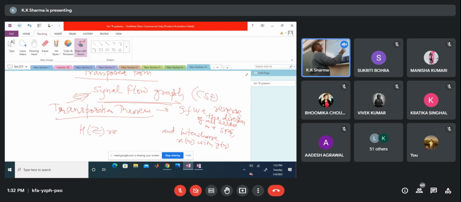H(z) will remain the same. This is what the transposition theorem says.